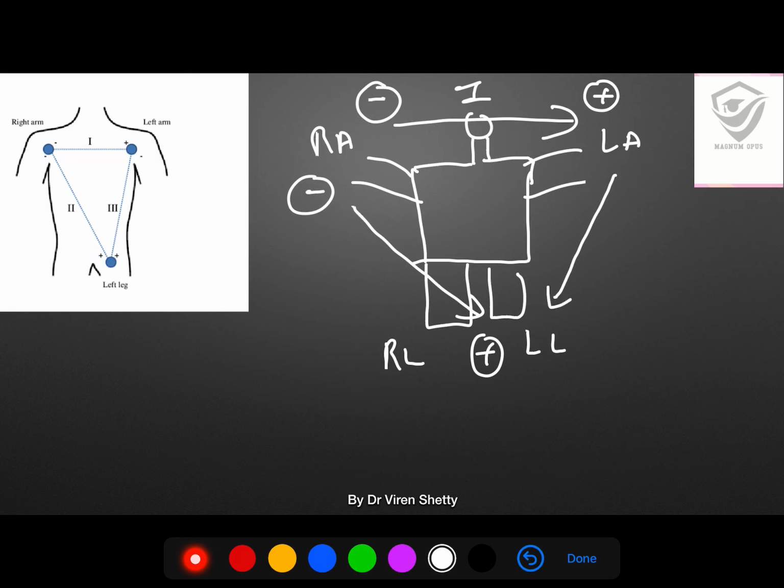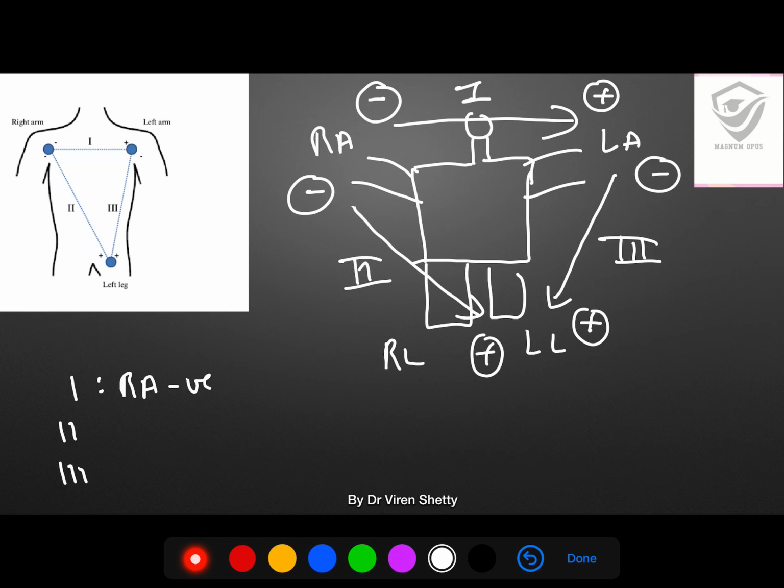And lead 3 was placed between the left arm to the left leg, where the left arm was given negative charge and the left leg was given positive charge. So in this way Einthoven created the three bipolar leads: lead 1, lead 2 and lead 3. Lead 1 in right arm is having negative and in left arm is having positive.